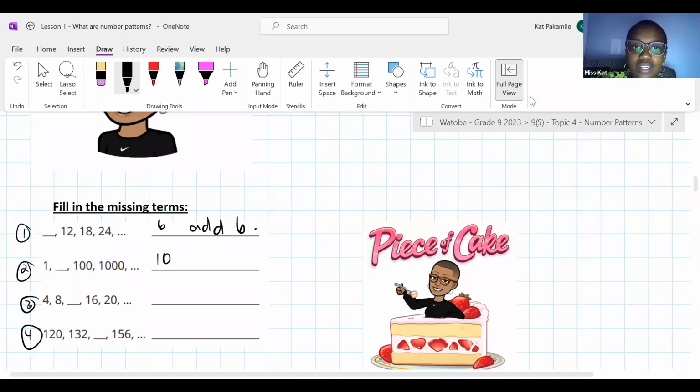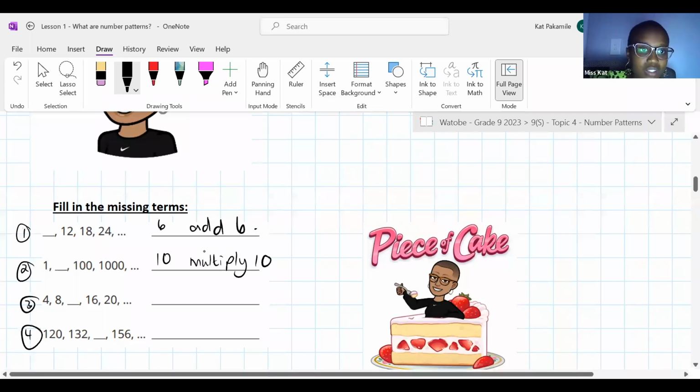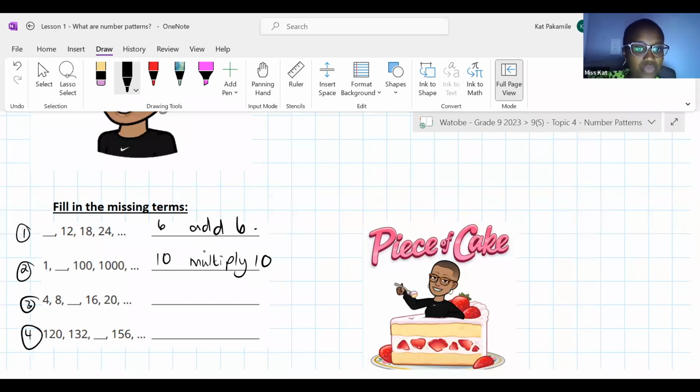I don't know the rule. That's true. We are using tens and hundreds and thousands, but there's a specific way we can do it. You can multiply the previous one by 10. Do you agree? Because 1 times 10 will give you 10. 10 times 10 will give you 100. 100 times 10 will give you 1,000.